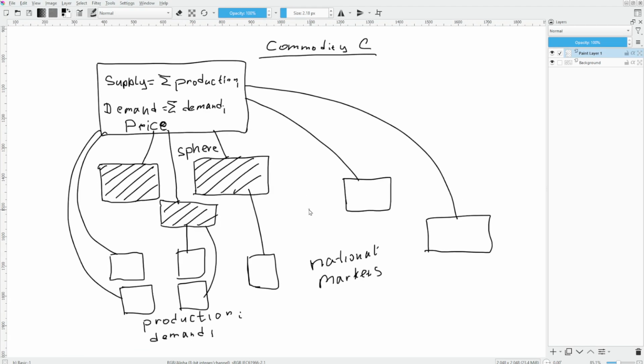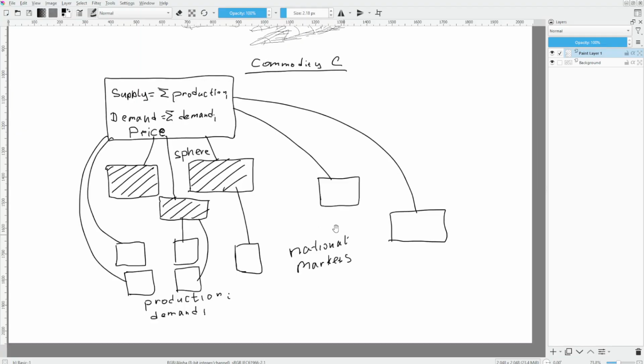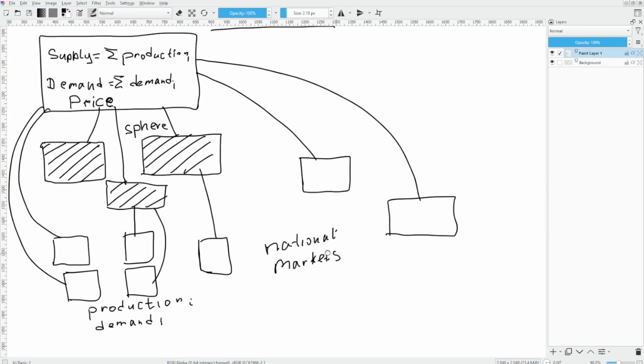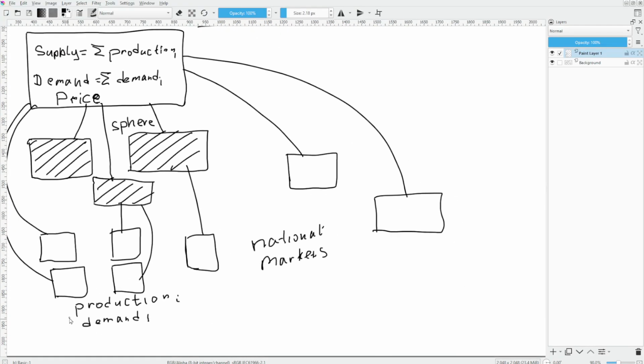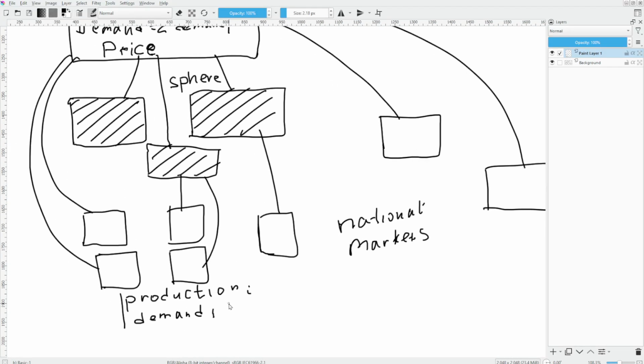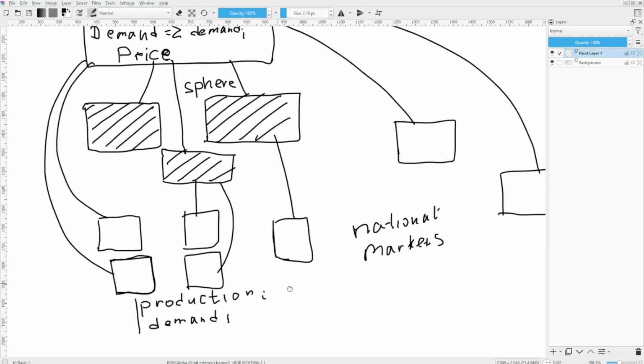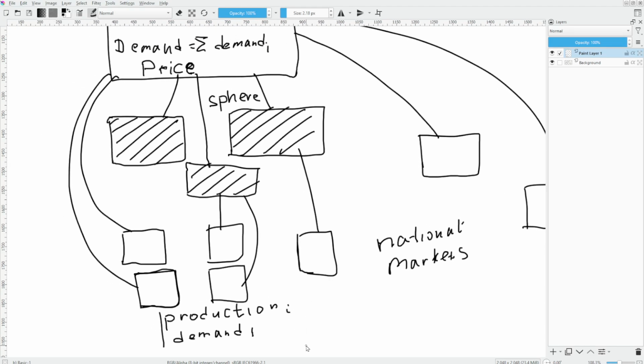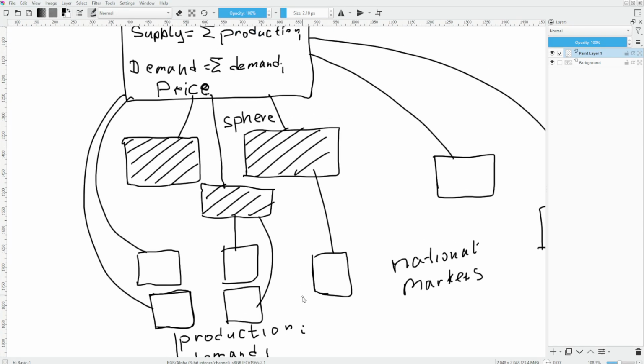Okay, so how does it actually work? You have production, you have demand at the lower level. The Victoria 2 market clears the market on the national level first. So you have some consumption going on, then the rest of the unconsumed production and unsatisfied demand goes up.